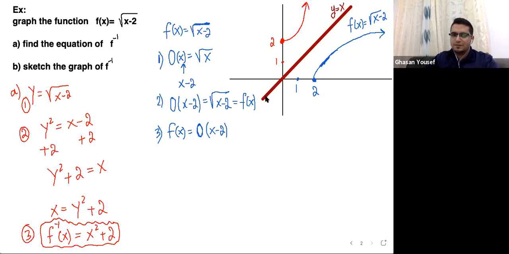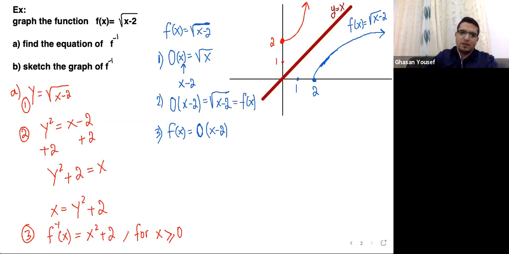Make sense? So for the question of finding the equation of f inverse, we have to continue for x greater than or equal to 0 only. It's not for all x. It should be for x starting from this 0 and more.